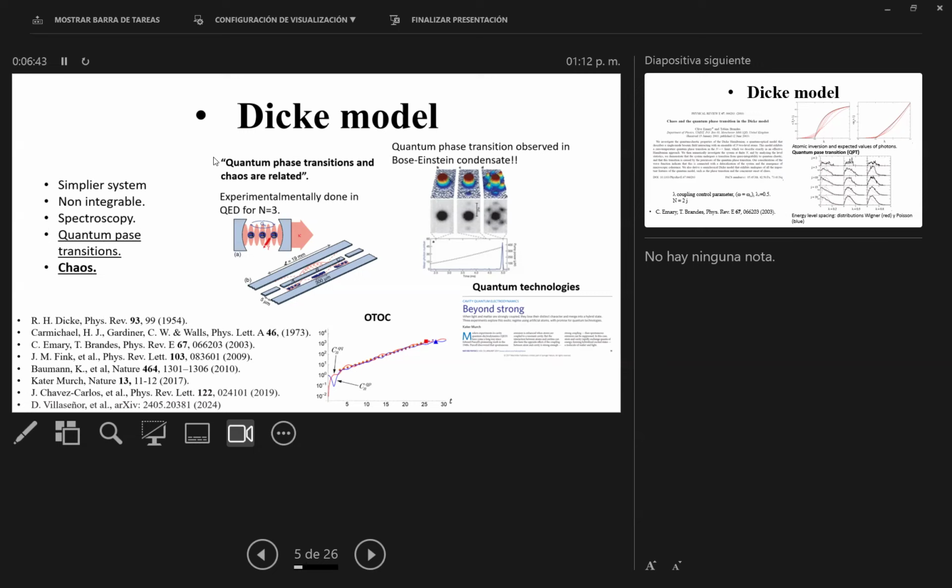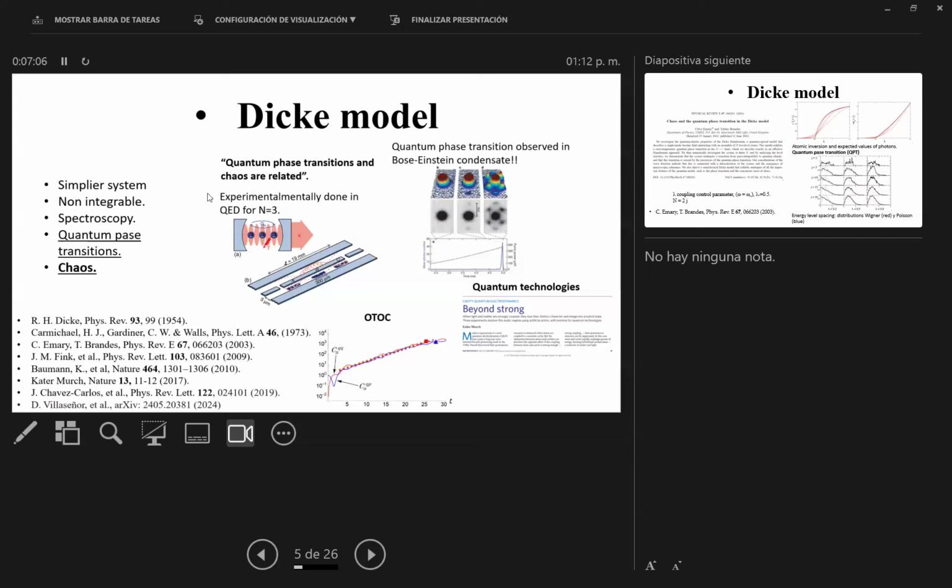And in this sense, Tobias Brandes in this paper proposed that this behavior around the quantum phase transition is totally related, and maybe it's an explanation of the chaotic behavior. And he explored this phrase in this paper.